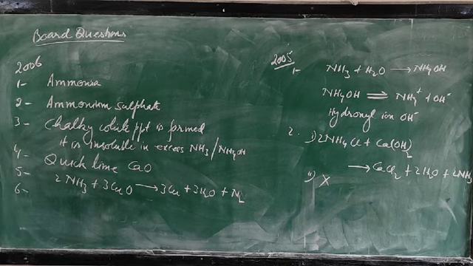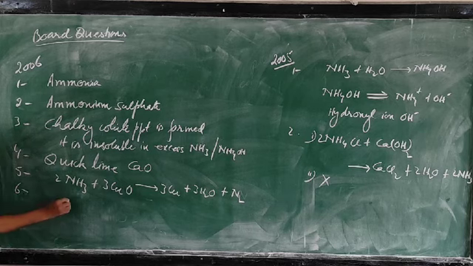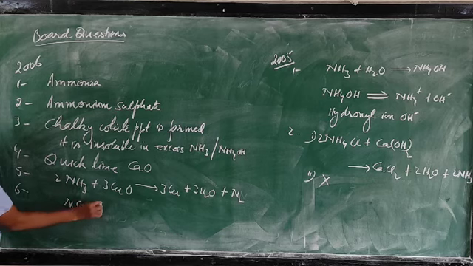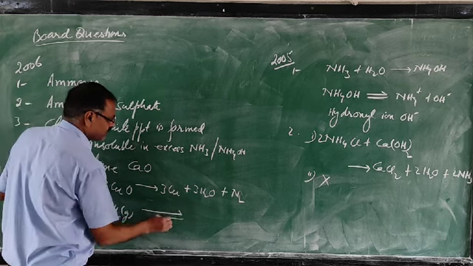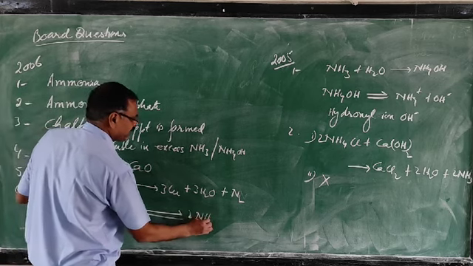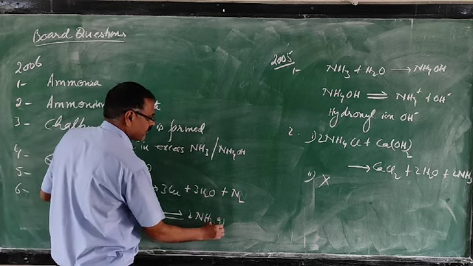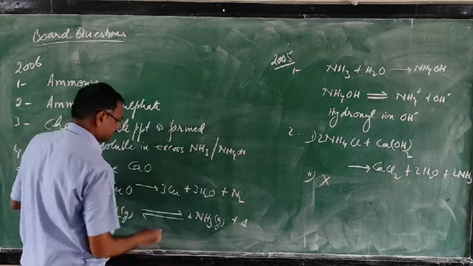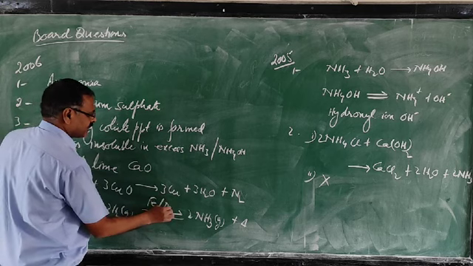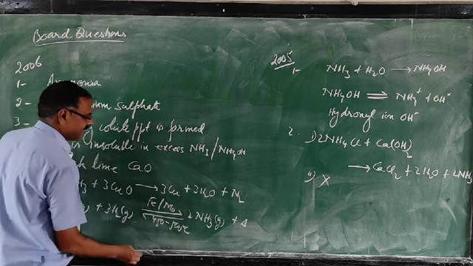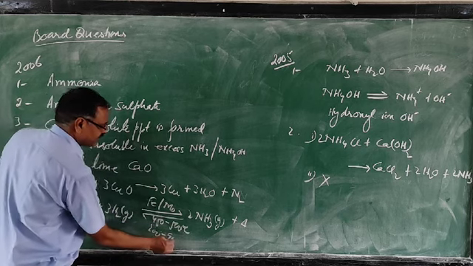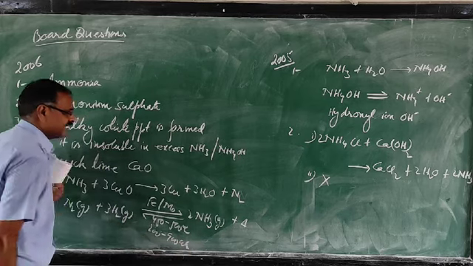Then sixth one. With reference to Haber's process, write the equation and conditions required. It is also a very common question. N2 plus 3H2 gives 2NH3 plus delta, with iron, molybdenum, temperature 450 to 500 degrees Celsius and pressure 200 to 900 atm.